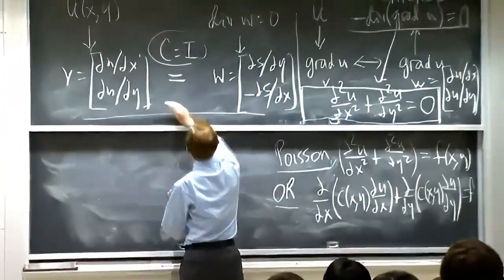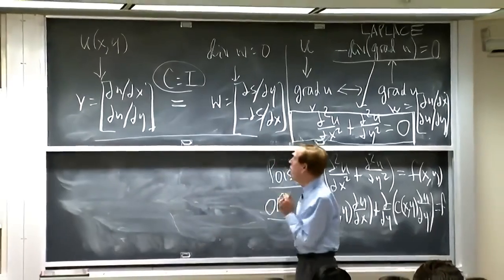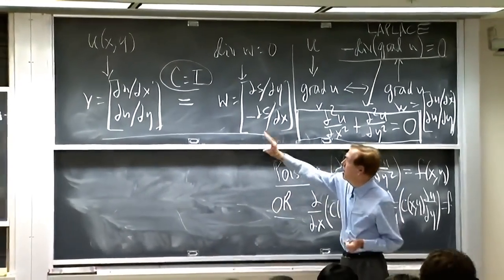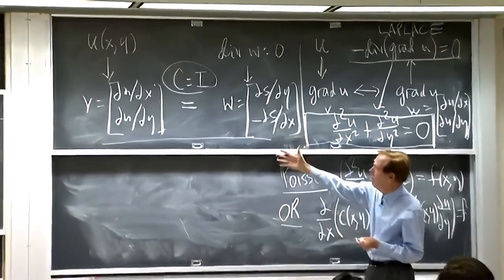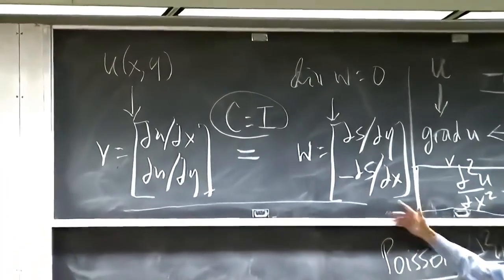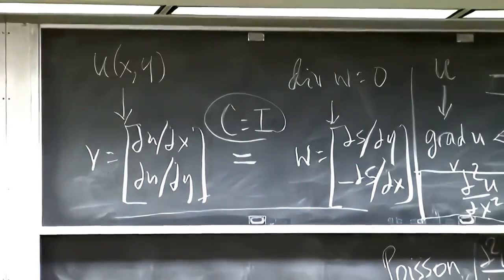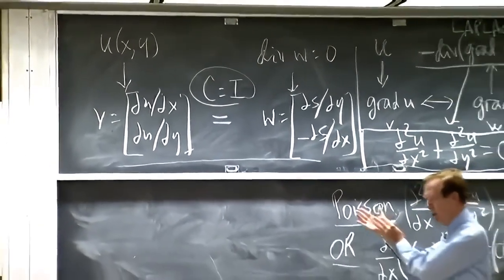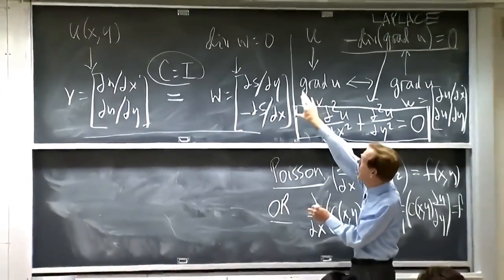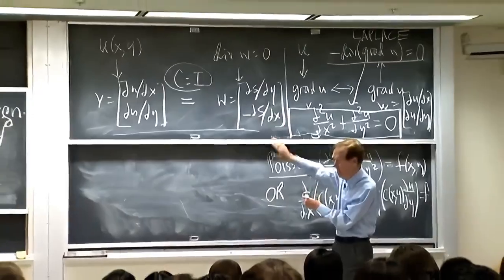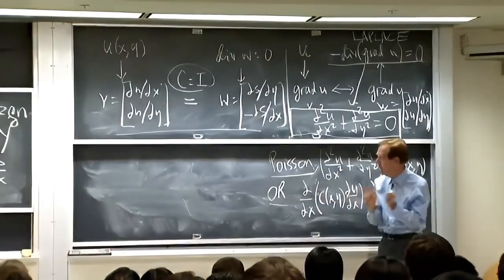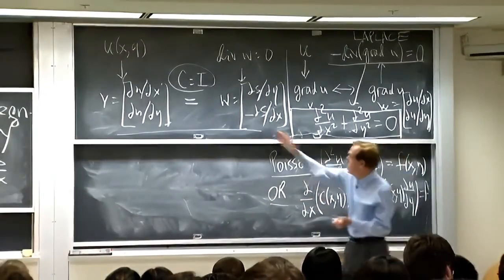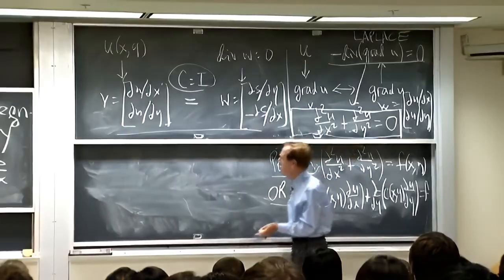When v and w are the same, then I just read off: if v is the same as w, how is the potential function, on the left side, connected to the stream function, which comes whenever div w is 0? I've got a stream function in 2D here. The connection is just that those two match.